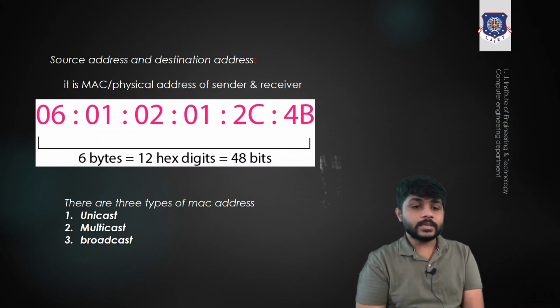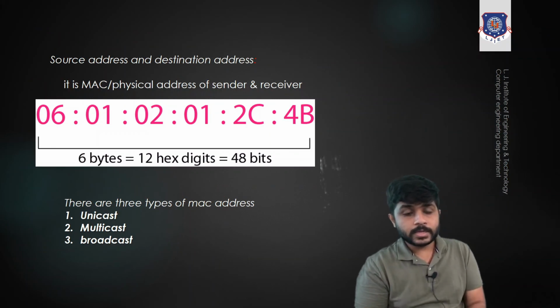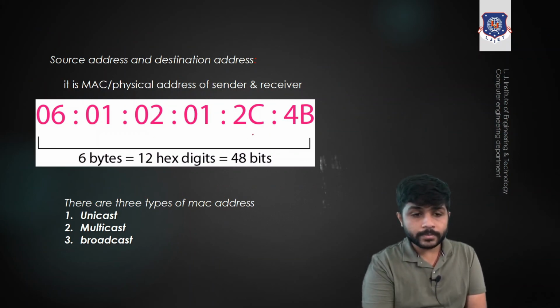Now let's see what is the MAC address. This is the example of the MAC address. The MAC address is a 48-bit address and it is represented by colon hexadecimal. What is the meaning of colon hexadecimal?